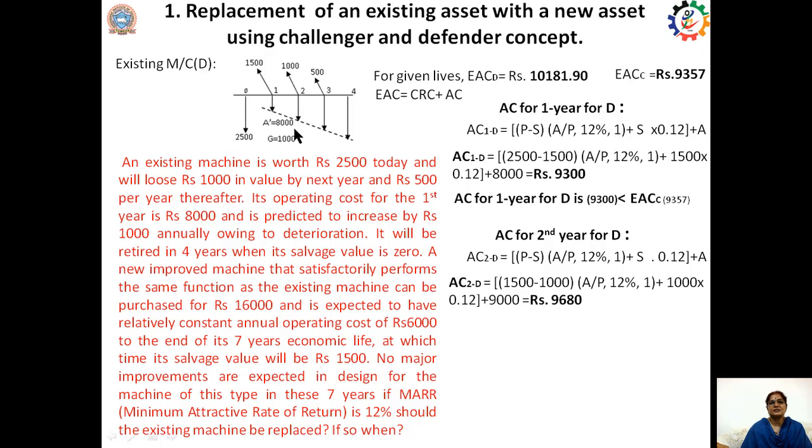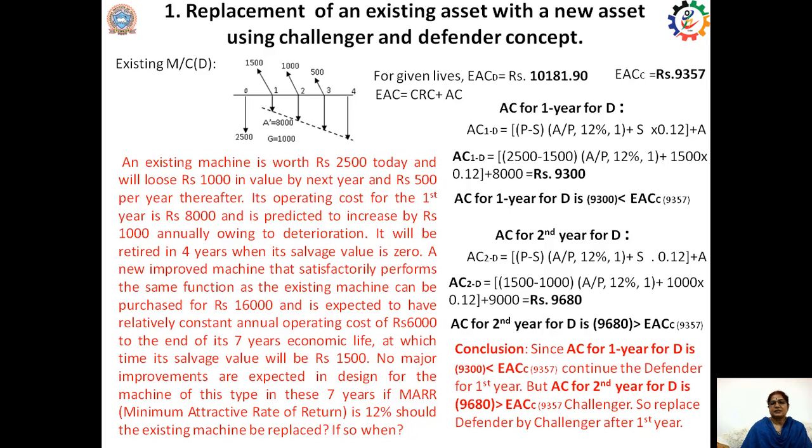So it is 8,000 plus 1,000, 9,000. So P is 1,500, S is 1,000, A is 9,000, and you get AC 9,680. Now you once again compare: is it less than or more than the challenger? It is more, so the challenger has to come in and replace the defender at the end of the first year.